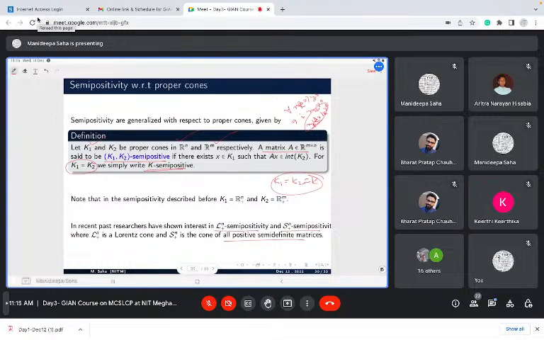Do I have it here? I cannot find it here.